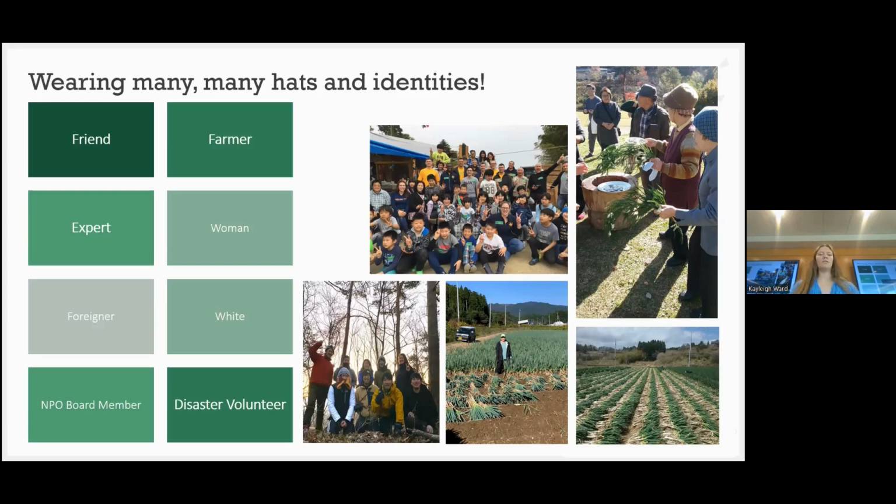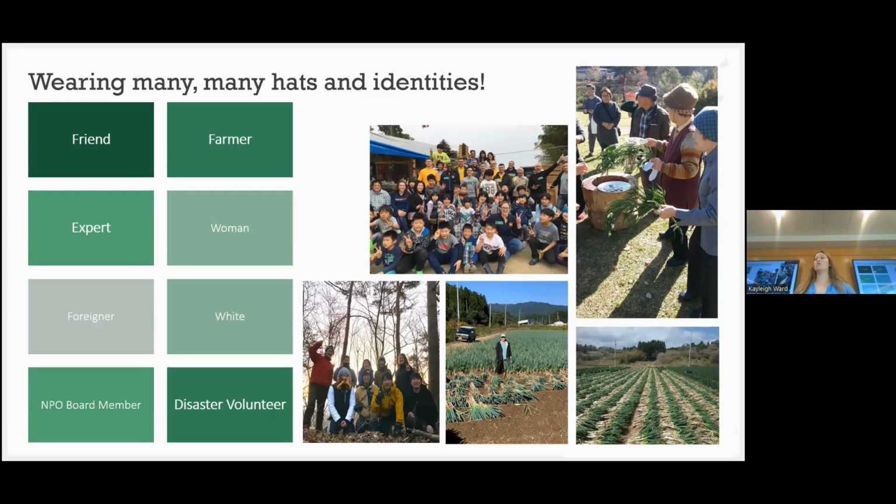Okay. So I'm going to talk about myself in many different ways, and that's because I had many different responsibilities in the community, and I also occupied many different positionalities in the community, which I think are important to identify. I've made the ones that were most important larger on this slide. Those are things like being a friend, a farmer, and of course, an expert, which they utilize me for a lot.